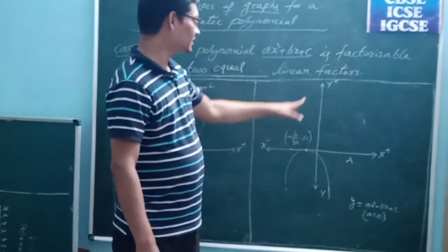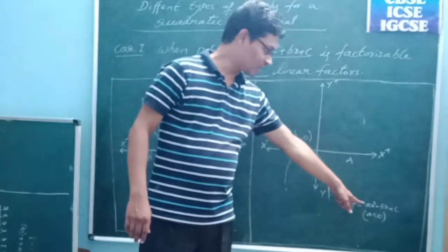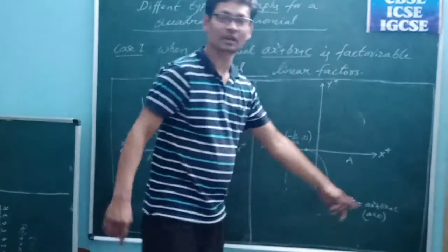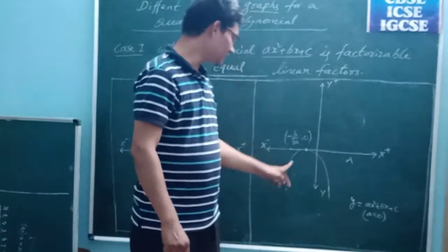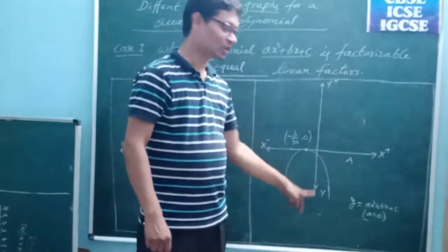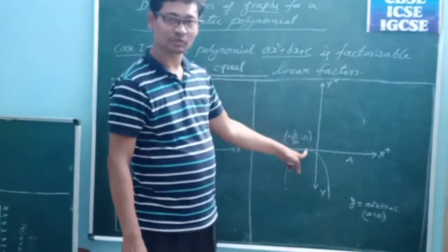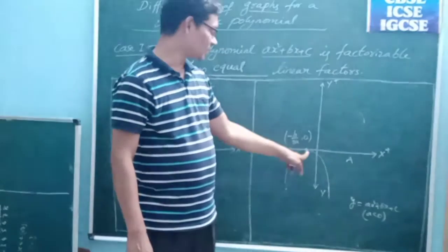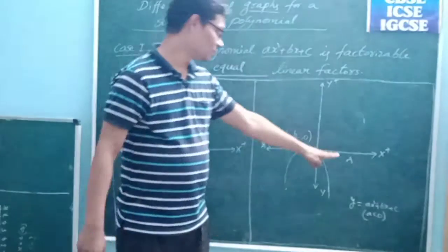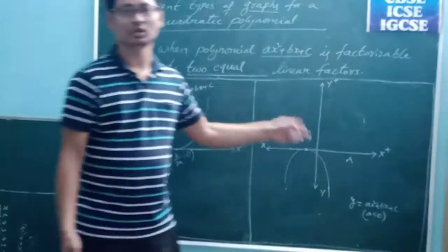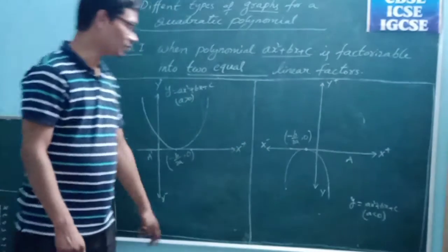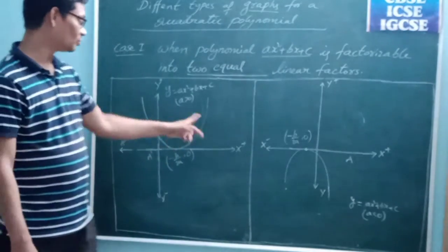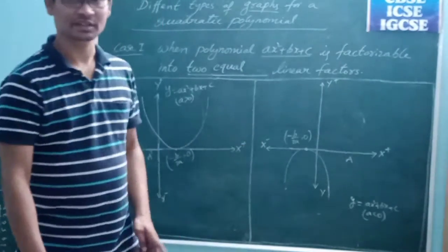So here, in the quadratic polynomial ax square plus bx plus c, if a is negative, in that case you will get a downward parabola, touching the x-axis at only one point. That may be minus 2, or plus 2 also. If it is downward, the coefficient of x square is negative. If it is upward, the coefficient of x square is positive. So here the two parabolas are touching the x-axis at only one point.